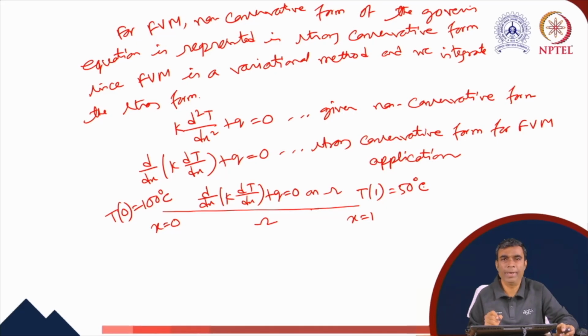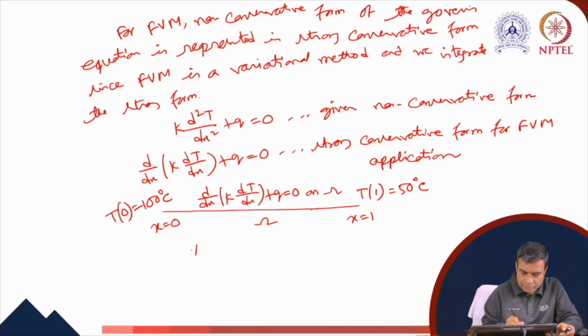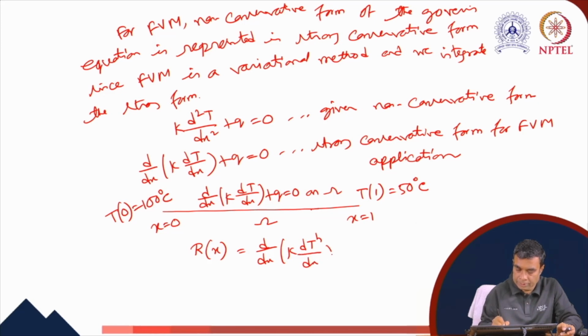Now, in the finite volume method, we have to integrate the governing equation. We shall follow the method of weighted residuals. So here, our residual is d/dx of (k dT/dx) plus q.